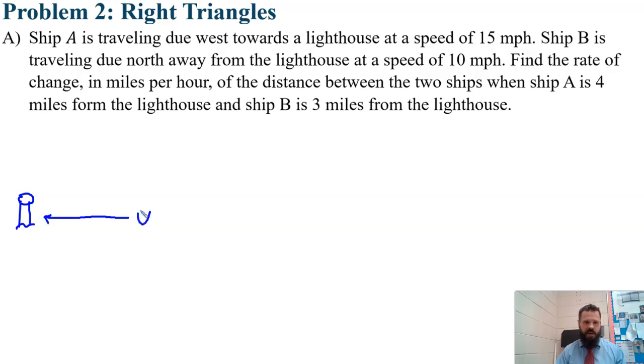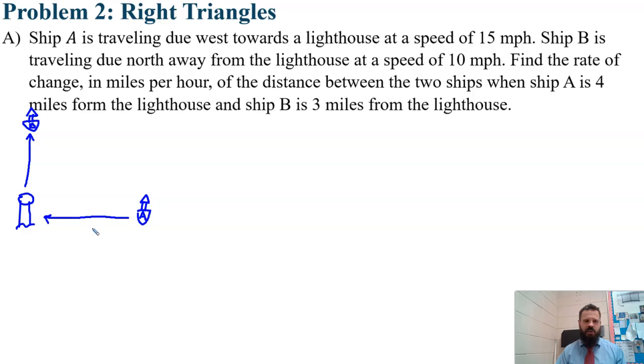We'll call this my ship A. And then ship B is traveling due north away from the lighthouse, so it's going north away. We'll say this is my B here. And we have some rates, which I'm not actually going to put on this picture.